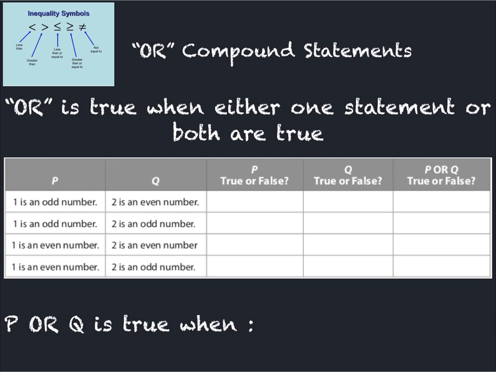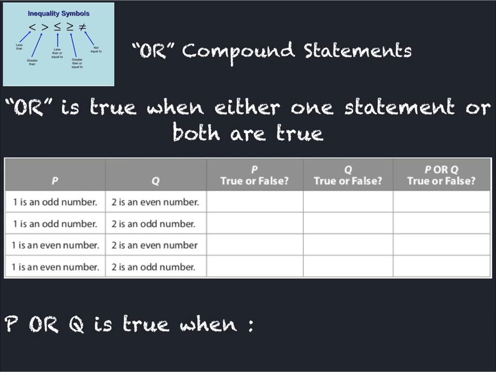And what does that mean? Well, if we use or, that means that our entire statement can be true when either one statement or both are true. They don't both need to be true, just one of them has to be true. So let's fill out this chart to see what I mean by that.